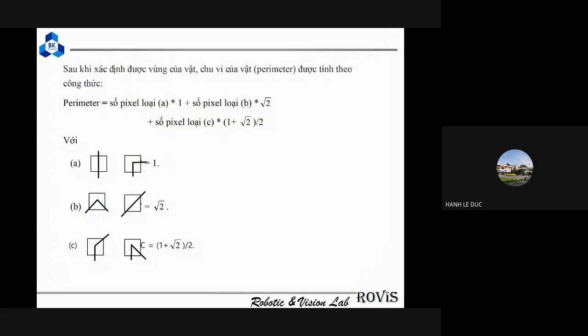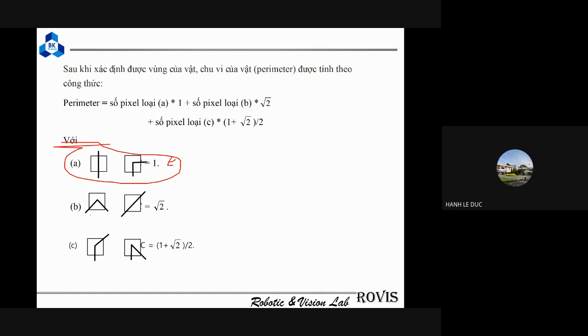Okay, and the next one is to calculate the length or the perimeter of an object. So we will follow the rules here. If the line goes one pixel, we will calculate it as 1.